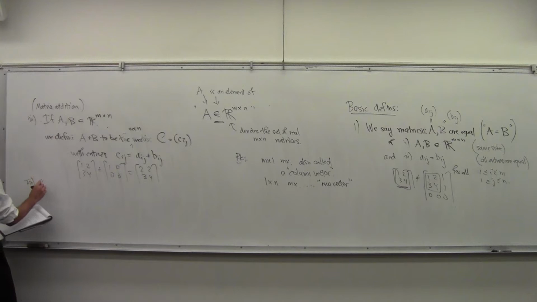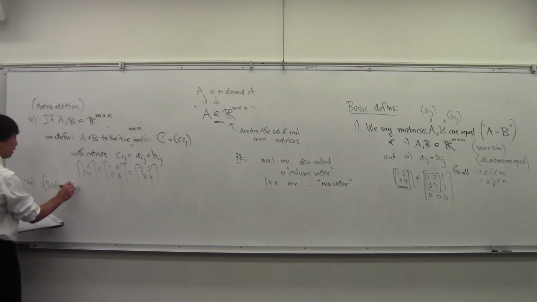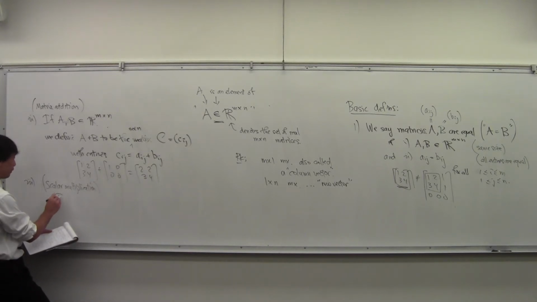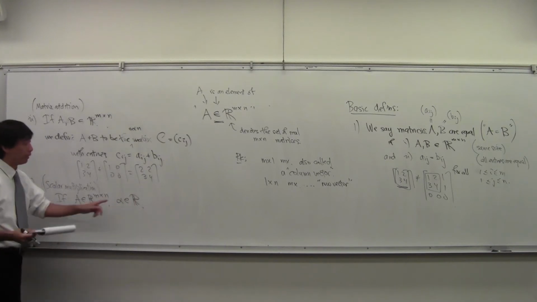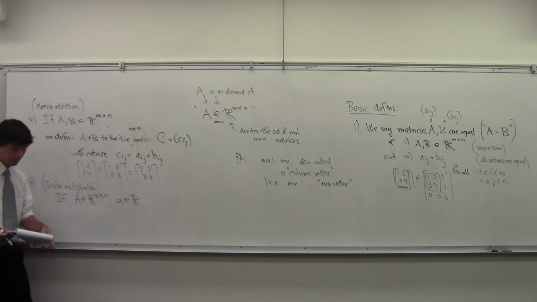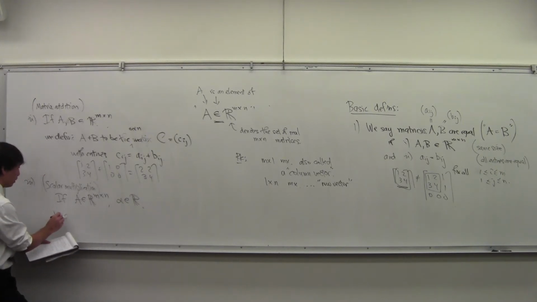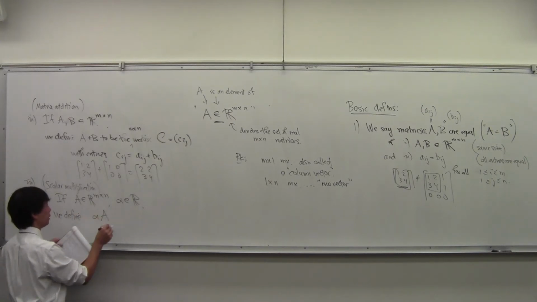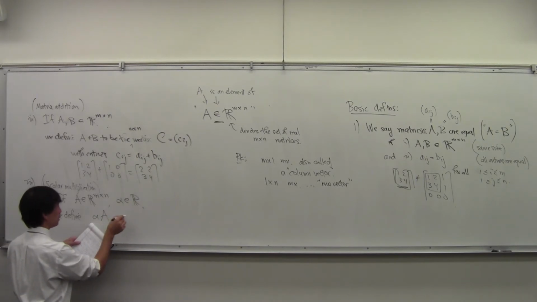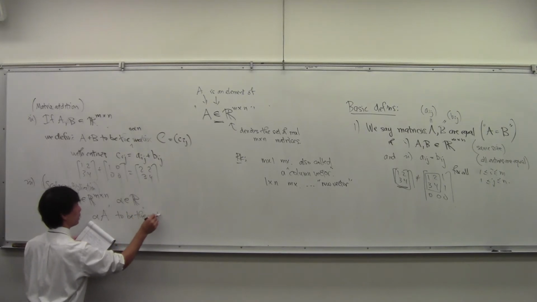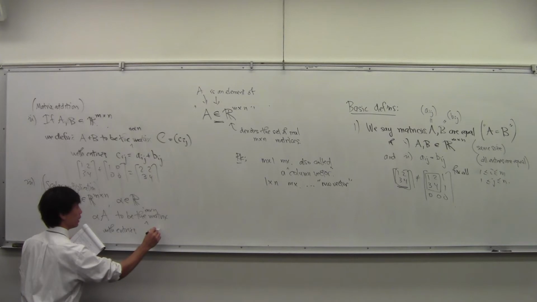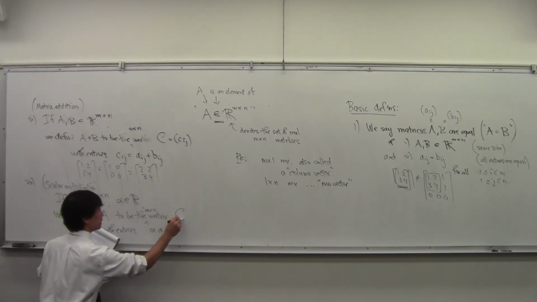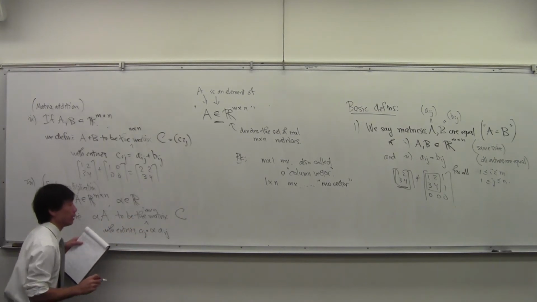Number 3 is called scalar multiplication. If A is an m by n matrix, and alpha is some number, so alpha is an element of the real numbers, then we define alpha A, the scalar multiple, to be the m by n matrix C with entries c_ij being alpha a_ij.